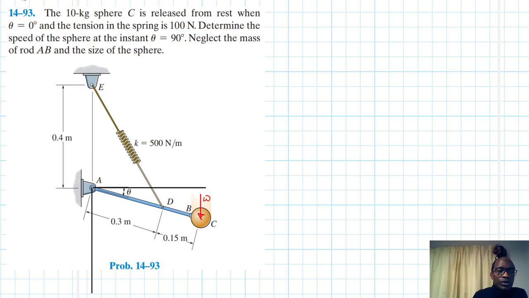So at 90 it will be something like this, maybe up to somewhere there.